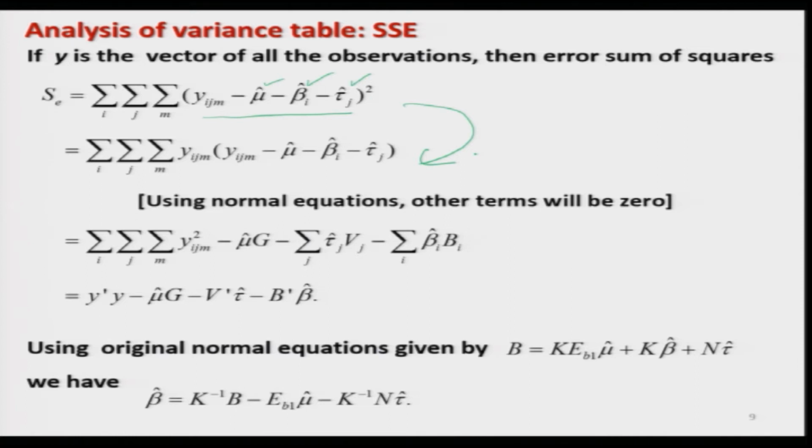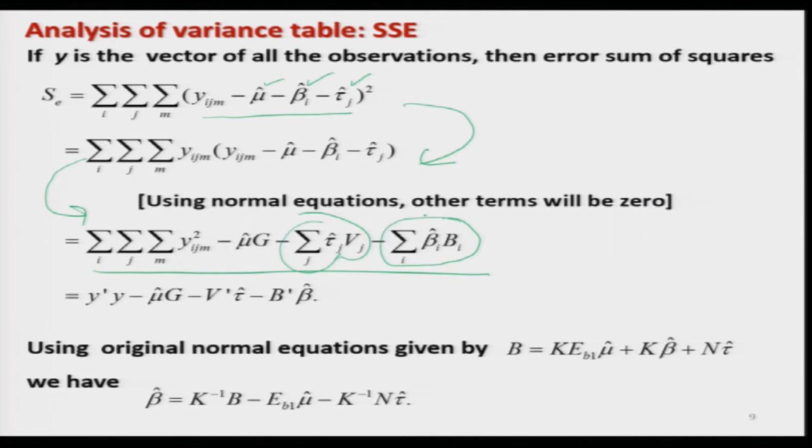And now, if you try to open this expression, this will be triple summation y_ijm squared minus mu hat times G, and then summation tau_j hat into V_j, and then summation beta_i hat into B_i.